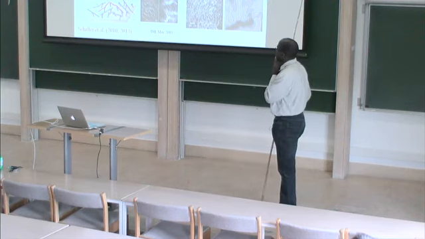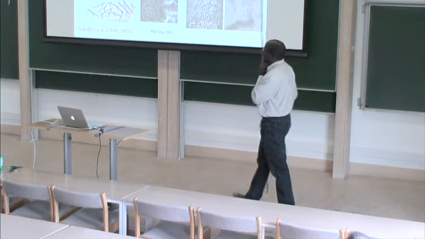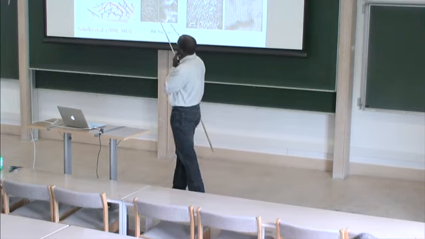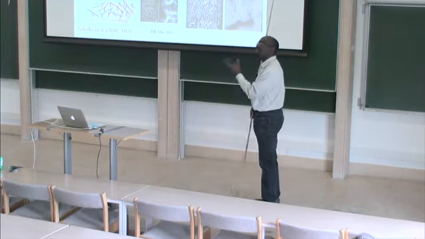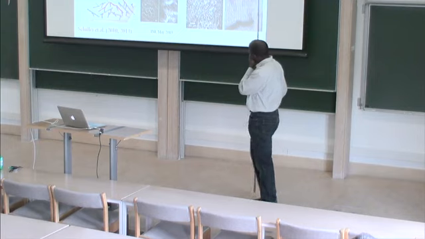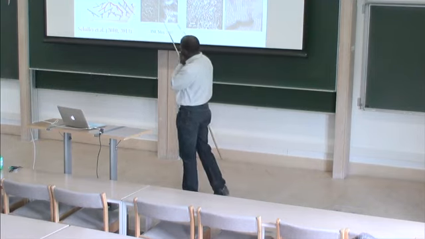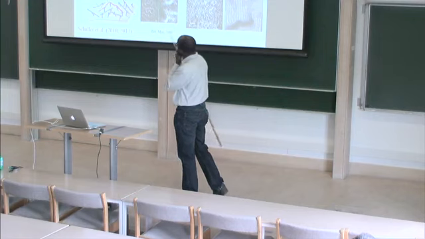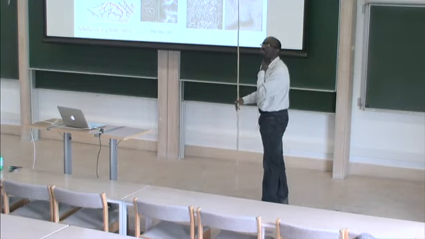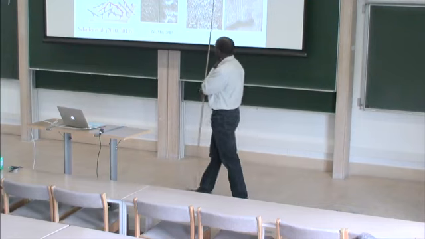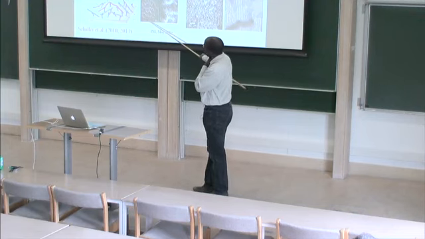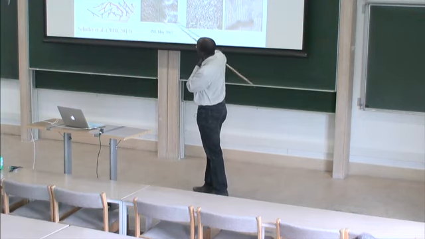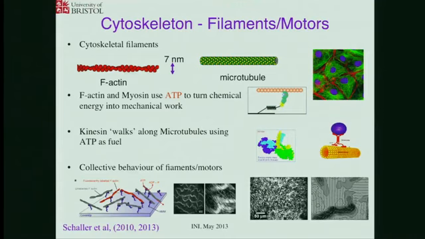That sounds reasonable. Then we can put lots of them together and start increasing the concentration. And when you do that, you start seeing a variety of interesting patterns forming. So for example, here we can see waves of high density regions interspersed by low density regions.